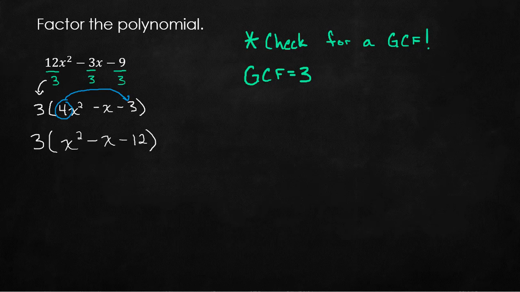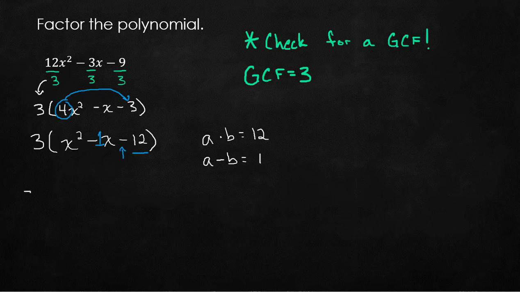And now we're looking for factors of 12 that subtract to make 1. The reason I know it's 1 is there's an understood 1 in front of this x. So it's factors of 12 that subtract, and I know it's subtract because of this sign, that get us negative 1, or 1 really.